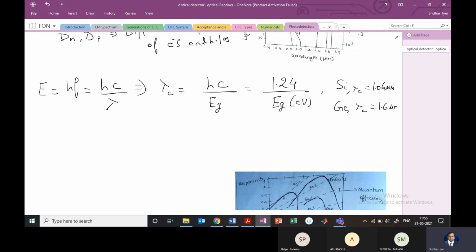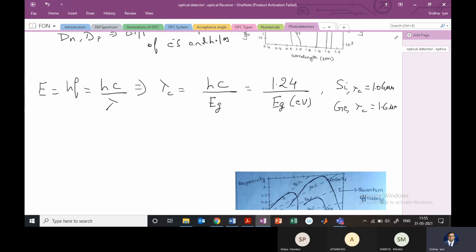But when I obviously want to operate at 1550 nanometer, because that's where we can use laser, we can use APD and various other components, the problem is that the energy may not be sufficient to excite electron from valence to conduction, right? Also, at lower wavelengths, the response of these photodetectors is found to be much better compared to the longer wavelengths, right?